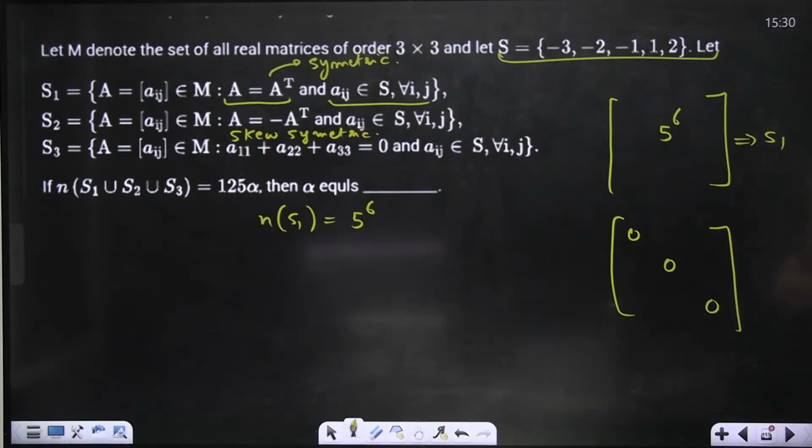So here the problem is that we cannot make the 3 cross 3. Wait.